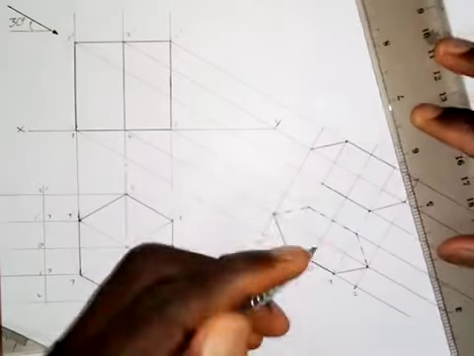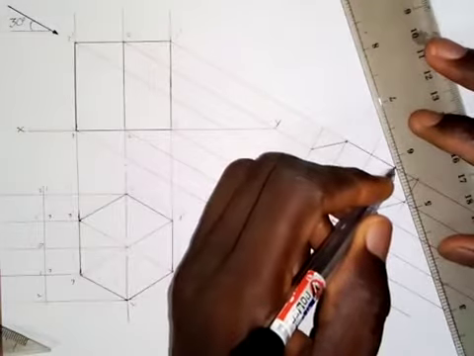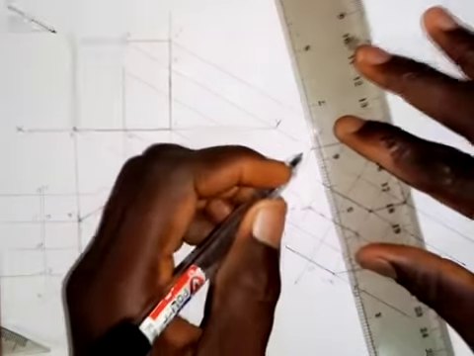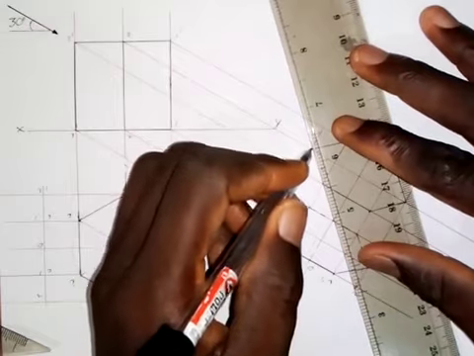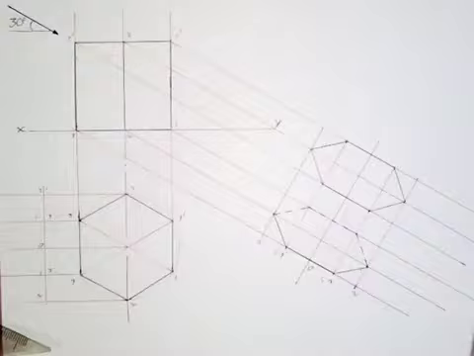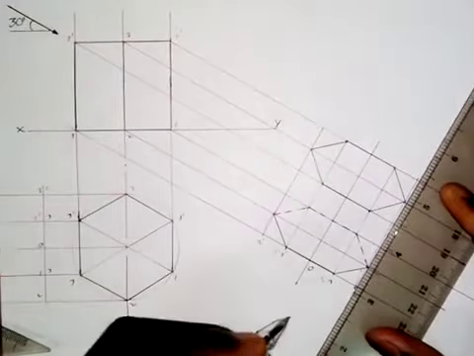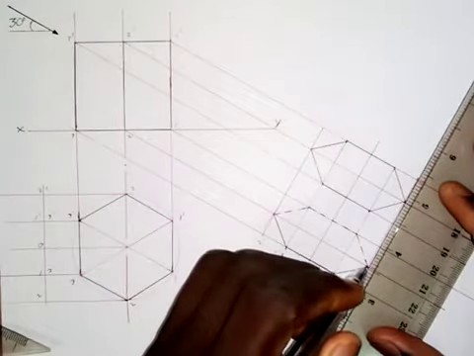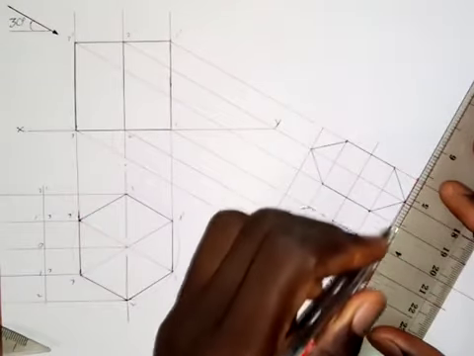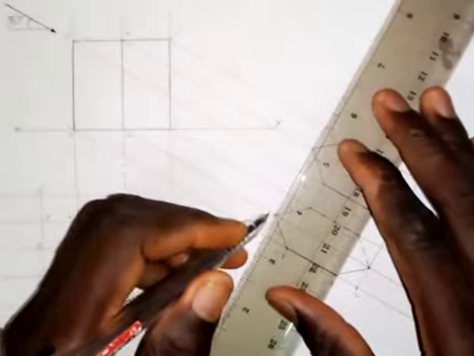So here we make this a thick line, and then here we also make this a thick line. Alright, so then the next thing that we are going to do is to join 2 together with 2. So here we join this together, and also we join this together.